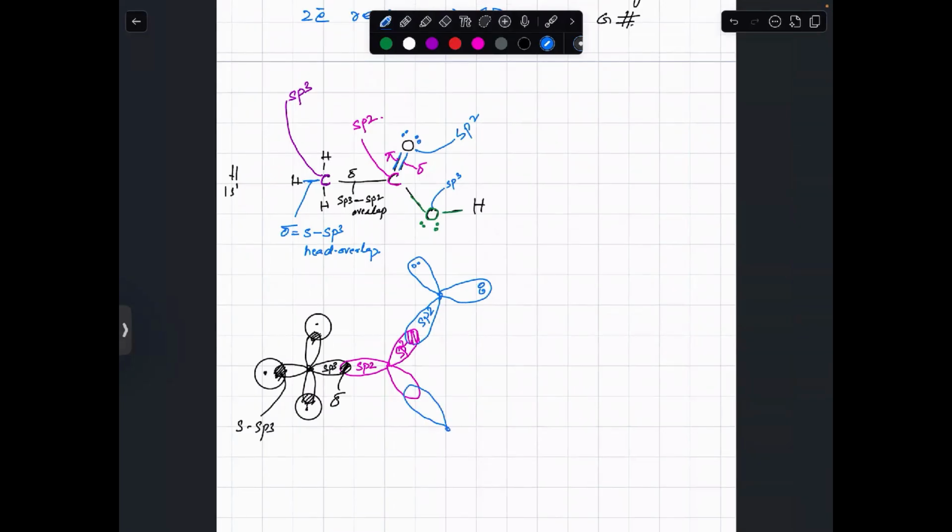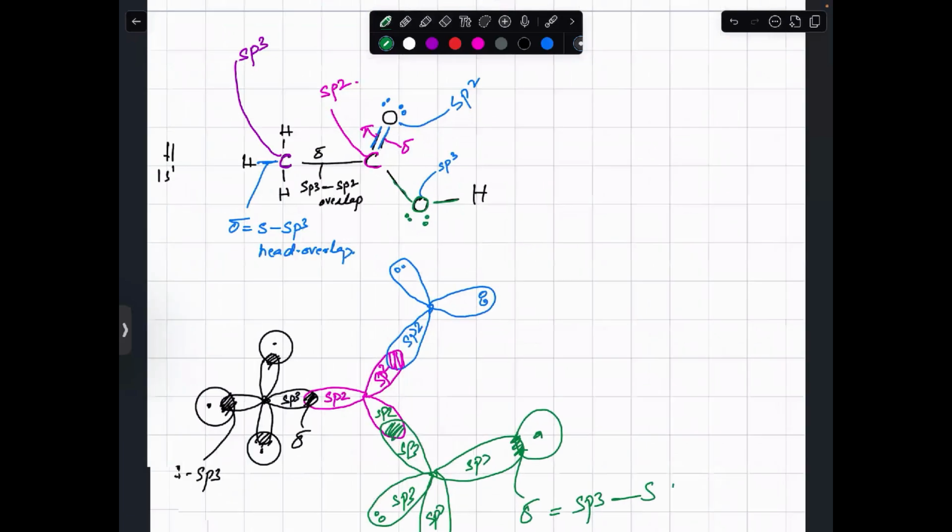This is sp3, sp3, sp3, and sp3. Agree? This is a lone pair in sp3, and this is an sp3 with sp2 overlap sigma. This is also a lone pair in sp3, and this sp3 makes a sigma bond with hydrogen's s orbital. This sigma is due to sp3 and s overlap.